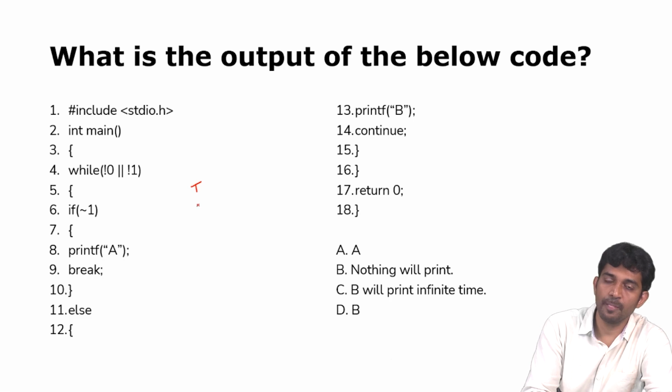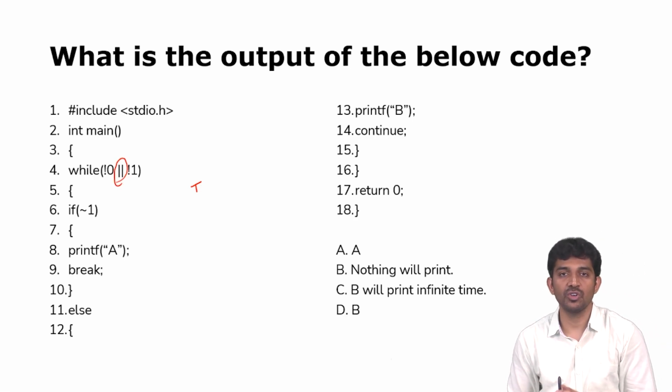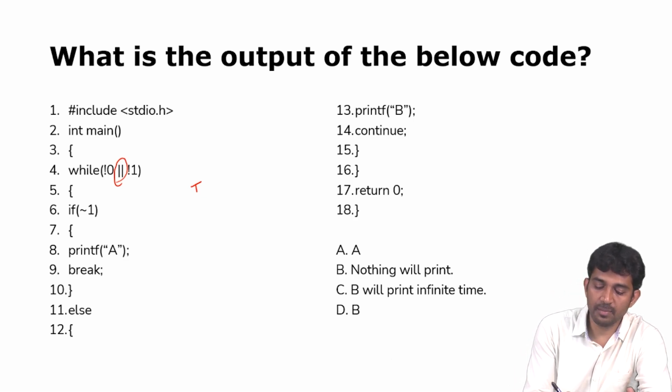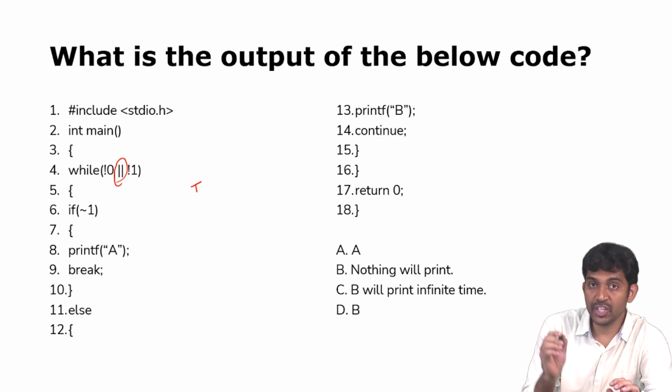Not 1 means false, and there is an OR operation. OR means if any one is true, the condition is true. Then it simply comes to here, to the if of not a, so negation of a.